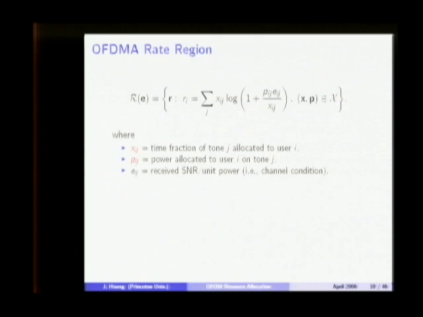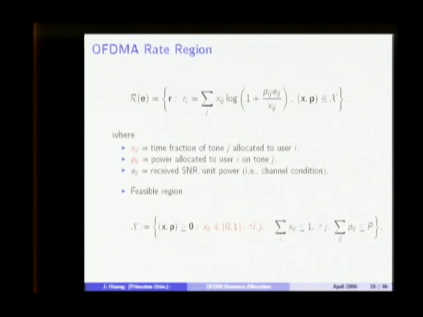So the rate is the summation of the rate across all users, depending on the power, channel, and time fraction, and it also has to lie in the feasible region, which is characterized as follows. First of all, channel allocation and power should be non-negative. Also, very importantly, in a practical OFDM system each channel is only allowed to be allocated to one user or no user at all, which means xij should be either 0 or 1.